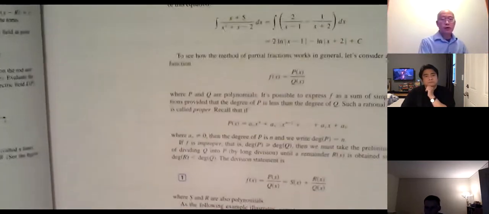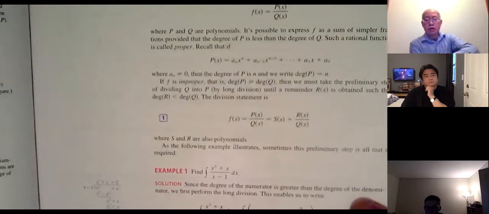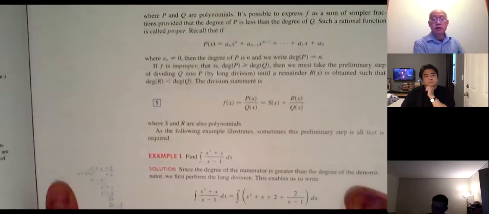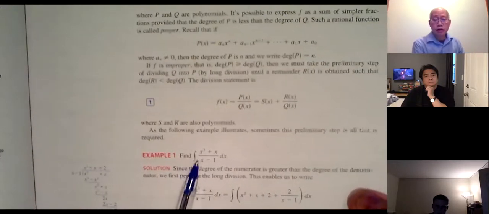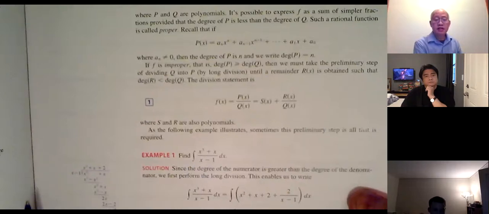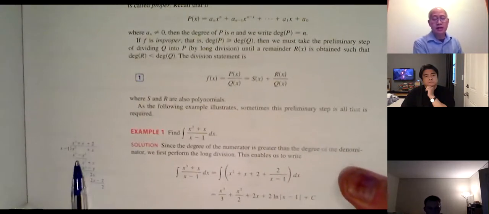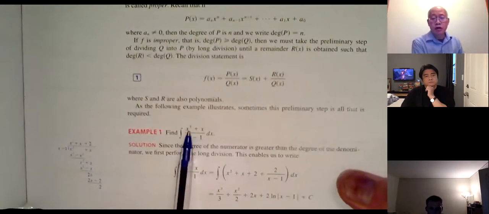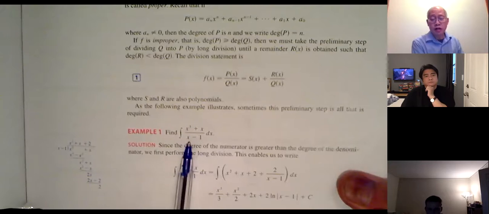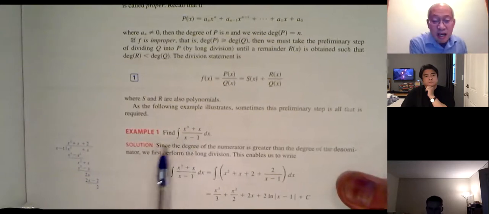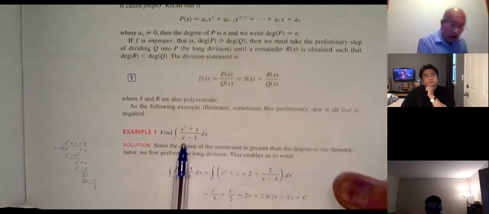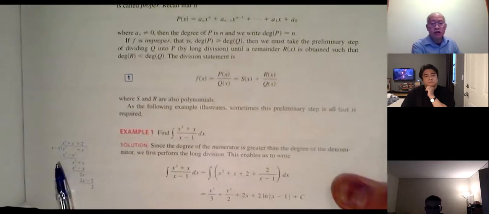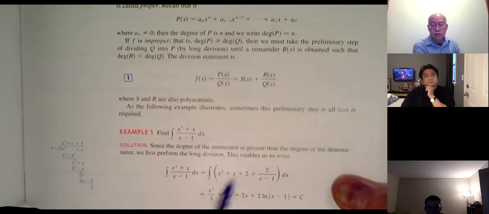Now the first thing we want to review is a concept called polynomial long division. You remember doing long division, something like this? You don't have to look at this in detail, but if the degree of the numerator is bigger than the degree of the denominator, like this says x cubed plus x divided by x minus 1, you can do long division and make it look like this, right?